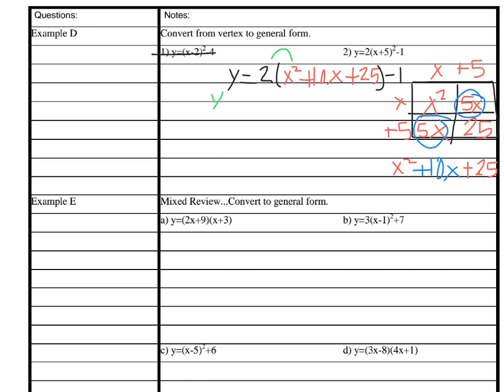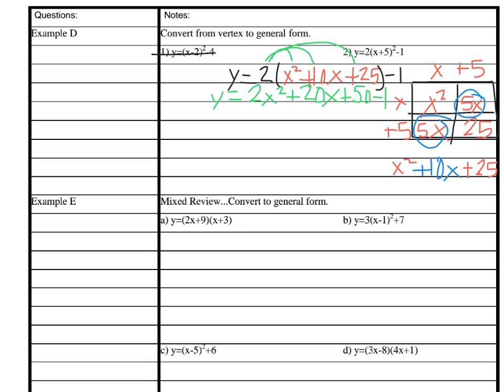So y equals 2 times x squared is just 2x squared. 2 times 10 is 20. And there's an x, so 20x. And then 2 times 25 is 50. And then we have the minus 1 that we don't want to forget about. I do not distribute to it because it's outside of the parentheses.